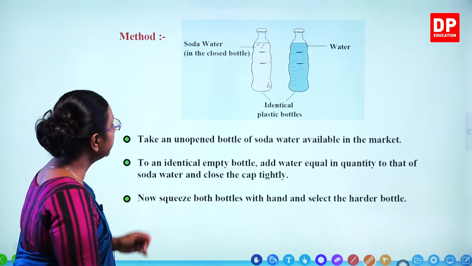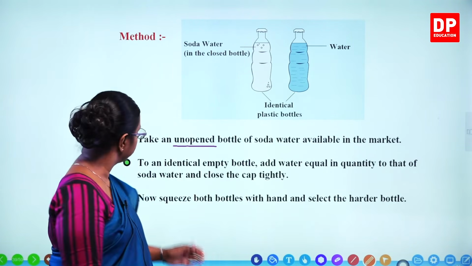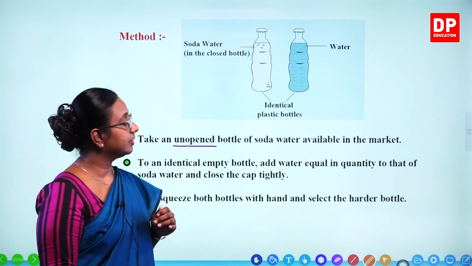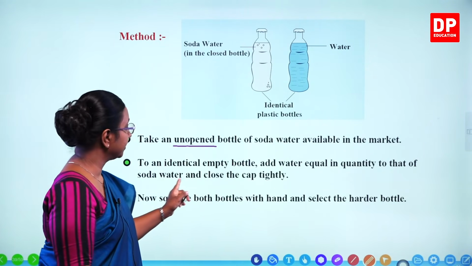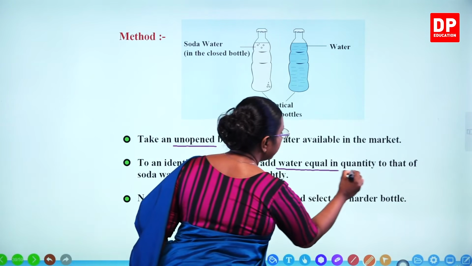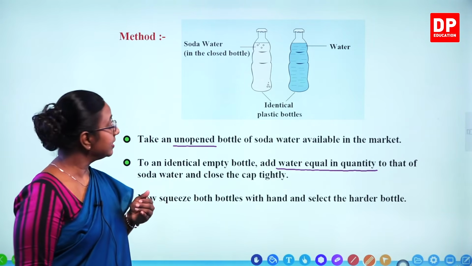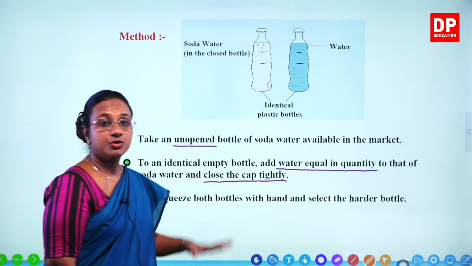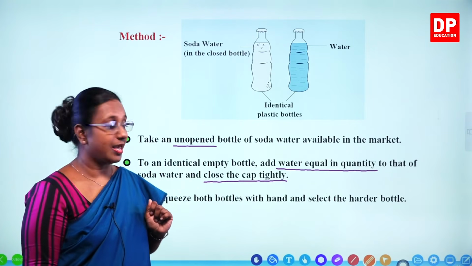Take an unopened bottle of soda water available in the market, and to an identical empty bottle add water in equal quantity to that of the soda water and close the cap tightly. So here water equal in quantity. That is what I said. The volumes are the same. And you have to close the cap tightly so that the rest of the conditions are the same.